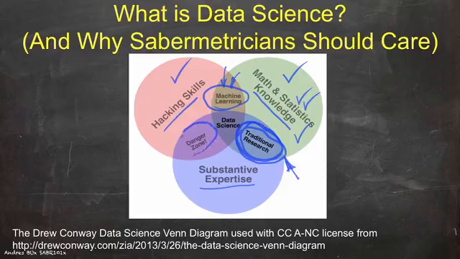This area here is called the danger zone by Drew Conway. This is the place where you might have some expertise in the field and you might have some computer skills to gather the data. With those computer skills and some understanding of the area, you might create, say, a new metric, a new statistic, a new measurement of something with your knowledge and with your ability to look at data and gather data.